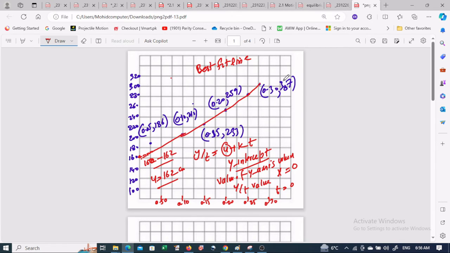We can find the slope between the y points 307 minus 186, divided by 0.30 minus 0.05. So we take the y difference and divide it by the x difference. So we get the slope, that is 495 centimeter per second squared.